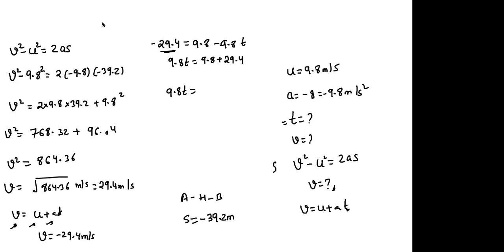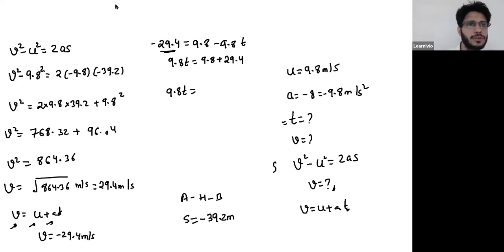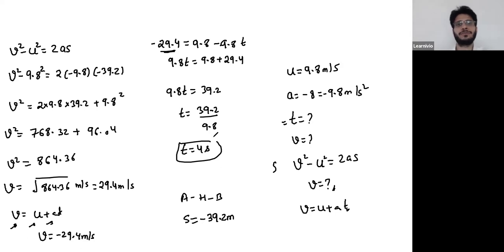I'm again using calculator. That's 39.2. So time is 39.2 divided by 9.8, and it comes out to be 4 seconds. So in 4 seconds, it will strike the ground.